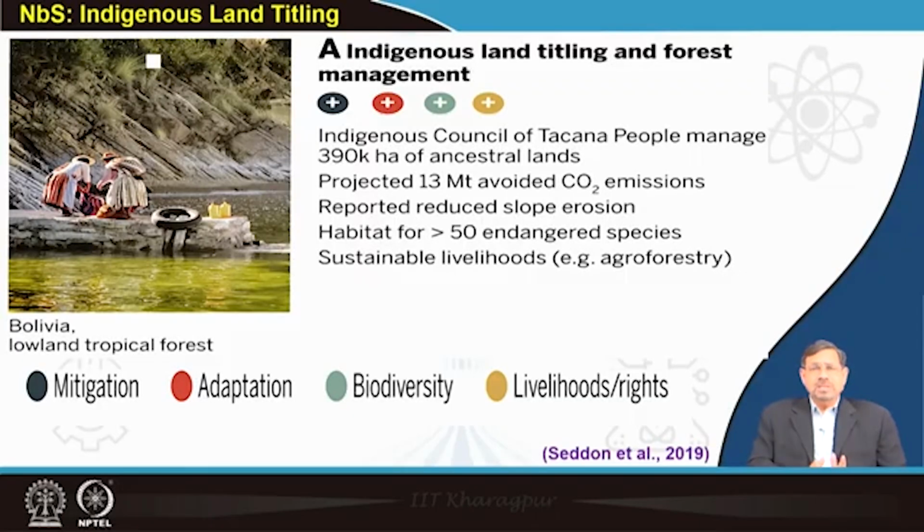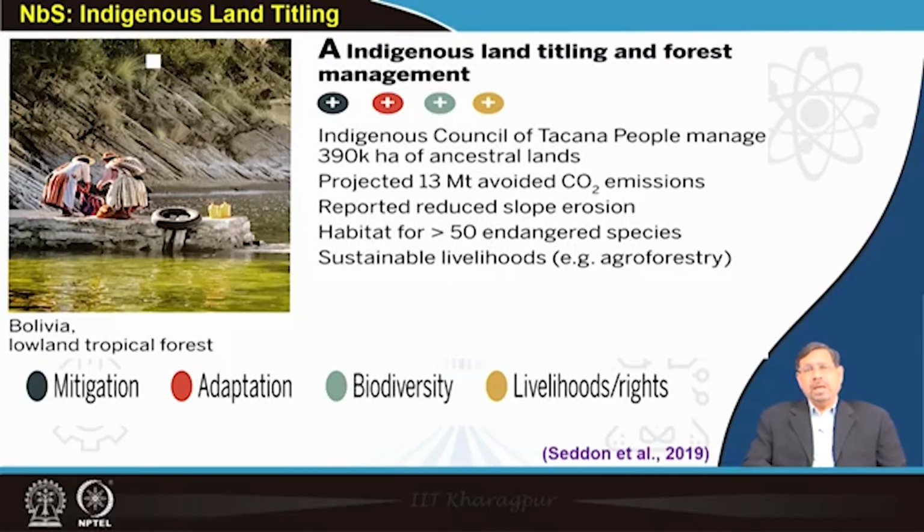The indigenous council of the Takana people manages up to 390,000 hectares of ancestral land. These lands are managed by the indigenous council. It is a huge land which goes up to 390,000 hectares.